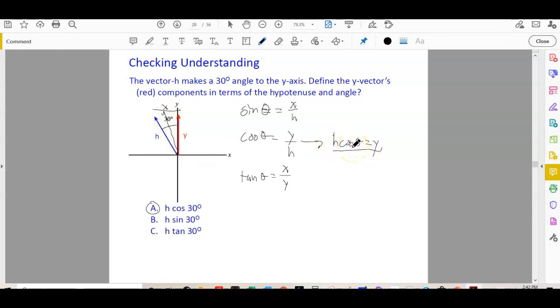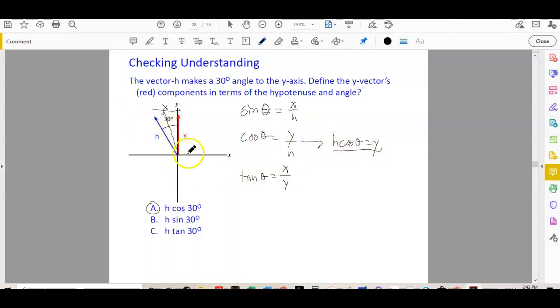If you need to get the adjacent side, you go hypotenuse cosine of 30 degrees. Just make that association. You're chunking information.